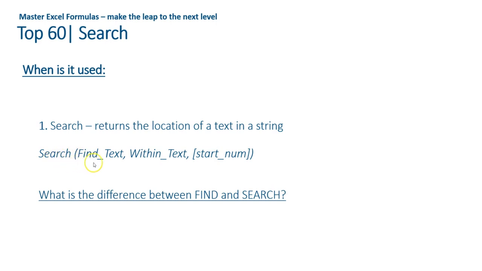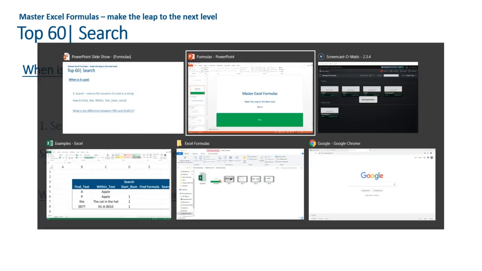First of all, we need to specify the text that we want to find, then within what text we need to find it, so that's our string, and the optional thing here is the start number, or starting position. Now let me give you an example.